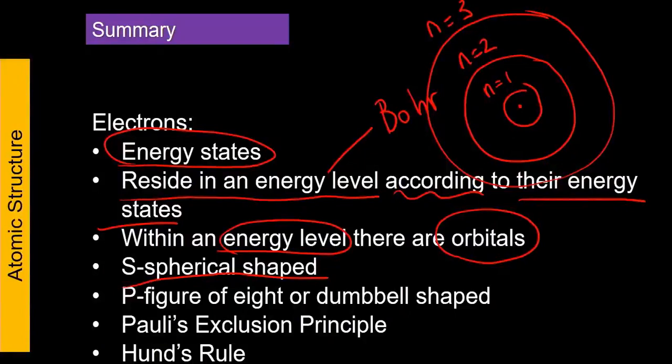The second orbital shape that we spoke about were the p orbitals, and we've got 3 of them. They are a figure of 8 or a dumbbell shape. They look like that, and we've got them in 3 planes, the x plane, the y plane, and the z plane. So this is all 3-dimensional.